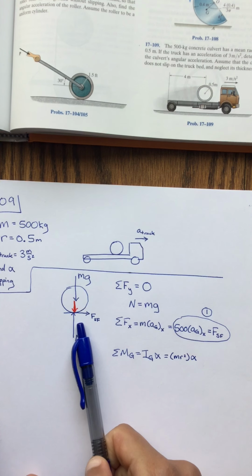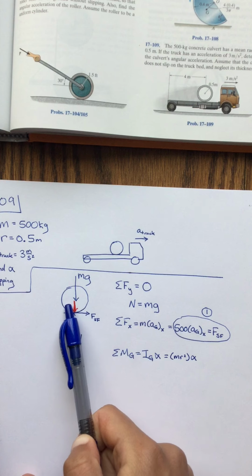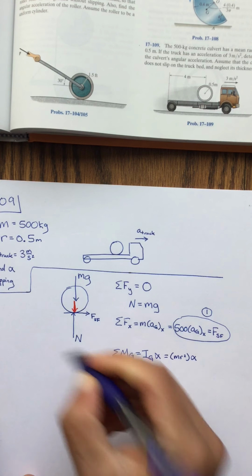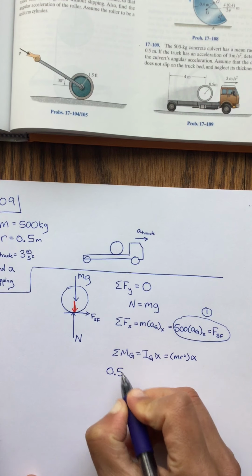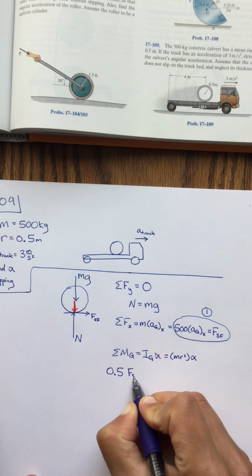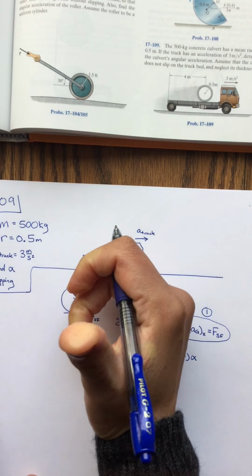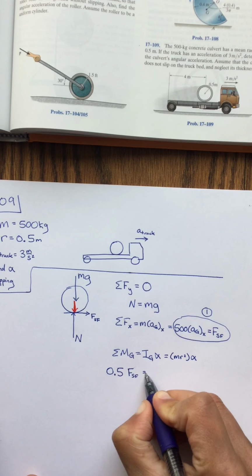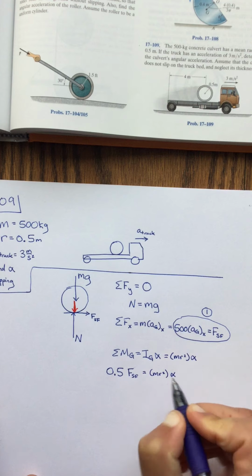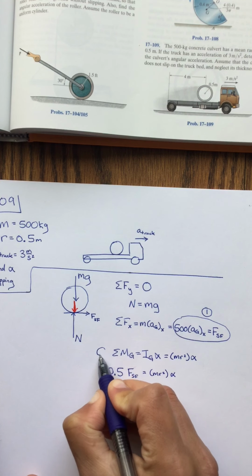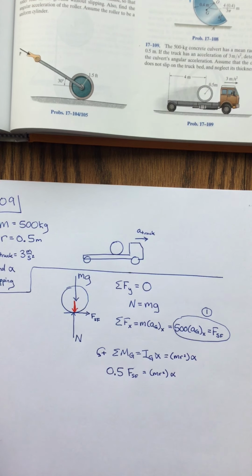So it's only the force of static friction, which gives me a non-zero moment. That's this distance r, which is the radius of 0.5, crossed with the force of static friction. That would be going this way, is equal to mr squared times alpha. So we said that this was the positive direction, and that's the direction of the angular acceleration.